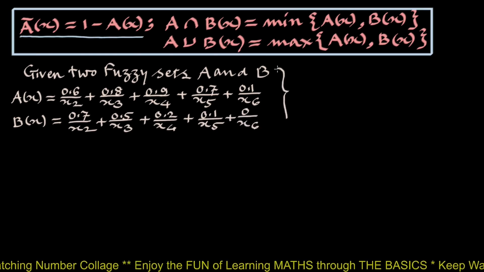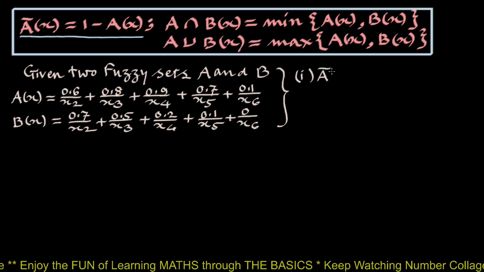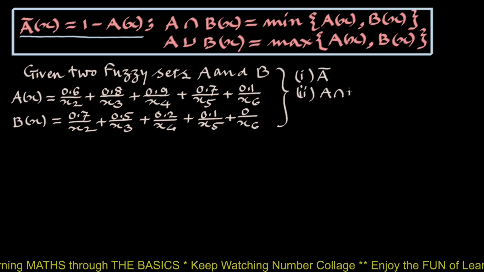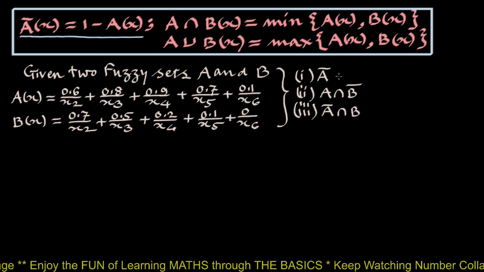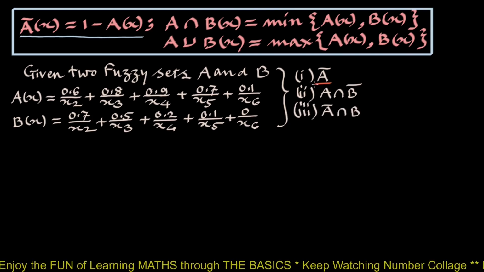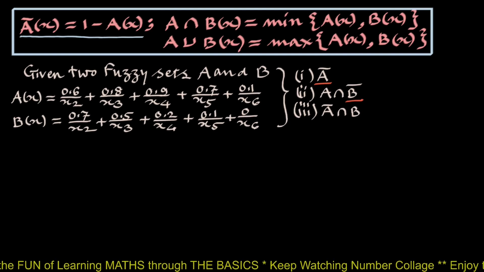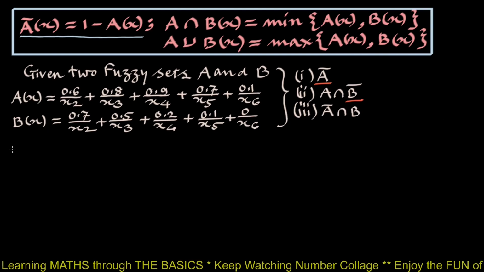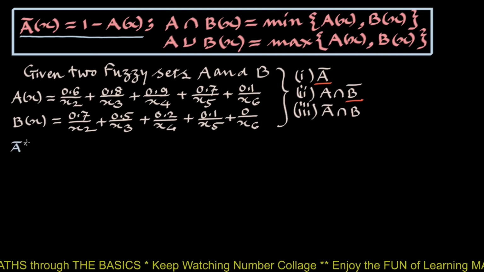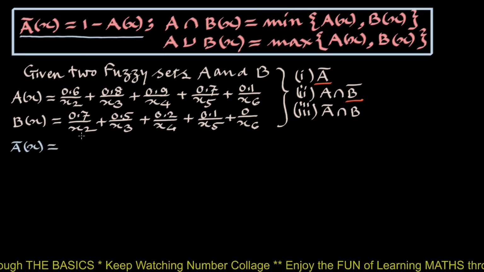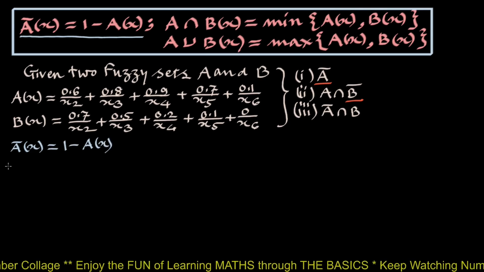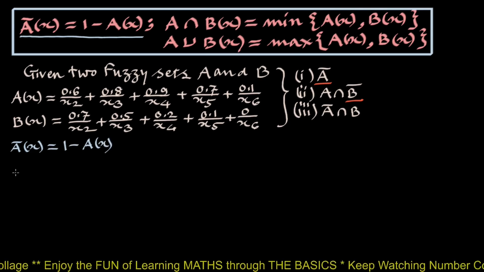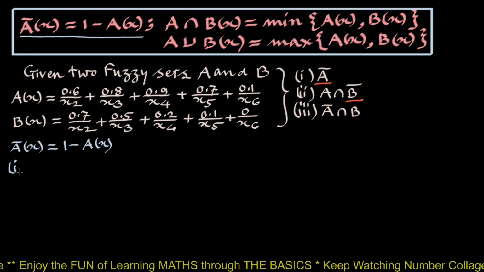We have to find number 1, A bar, number 2, A intersection B bar, number 3, A bar intersection B. In the questions there are A bar and B bar, so we need to find A bar x and B bar x, and A bar x is, according to the above definition, 1 minus A of x, and from this we directly write the answer to the first question.